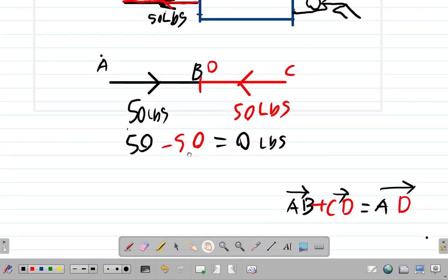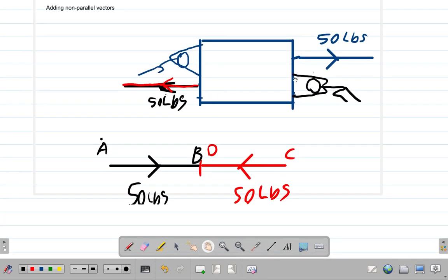Now, suppose you muscle up some more. You put in a bit more muscle and you push this table with 55 pounds of force.